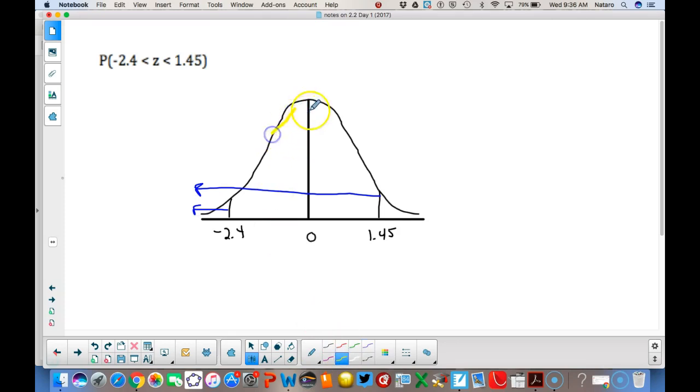So it's asking us to find the area between a z-score of negative 2.4 and a z-score of 1.45. So to find this area that I'm shading in yellow, we'll have to look up two values from the table and subtract, just like we did before. At this point, you should pause the video to see if you can figure out the solution to this problem.